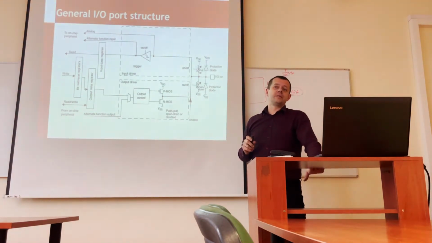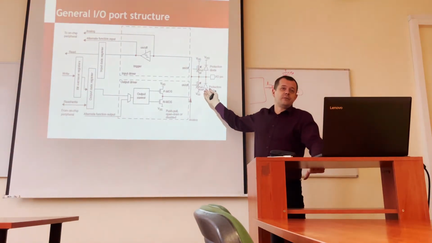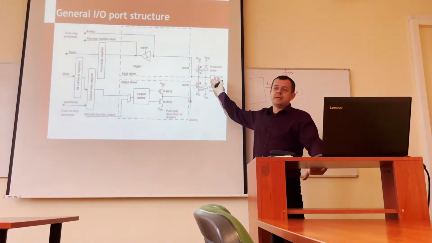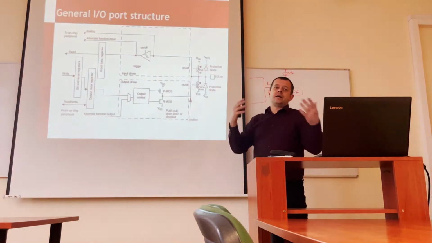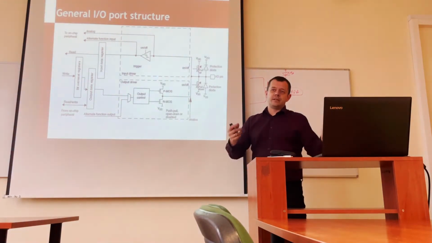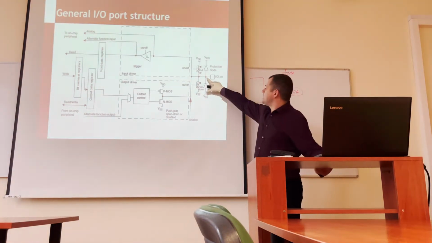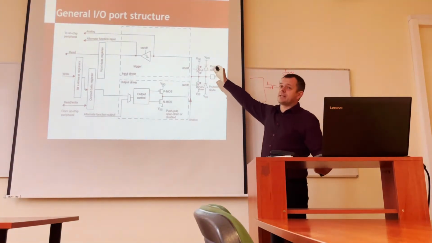But if we don't limit the current and we connect minus 12 volts, for example, or plus 12 volts here, then either of those diodes will simply explode internally. It will be damaged, making a short circuit here or a short circuit here, and that's what's happening.